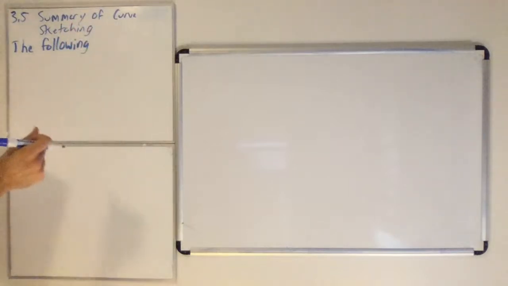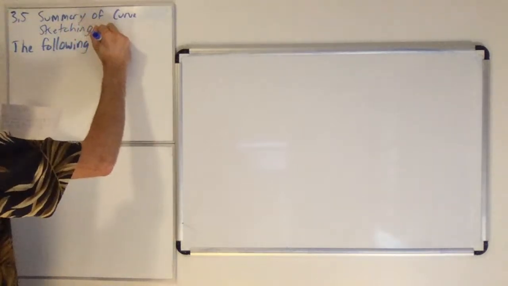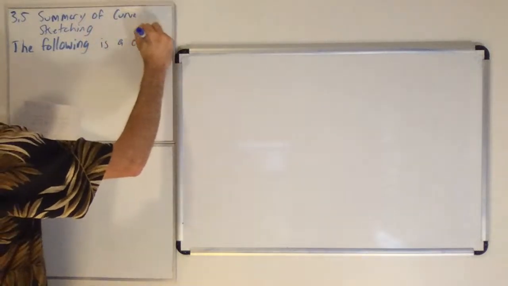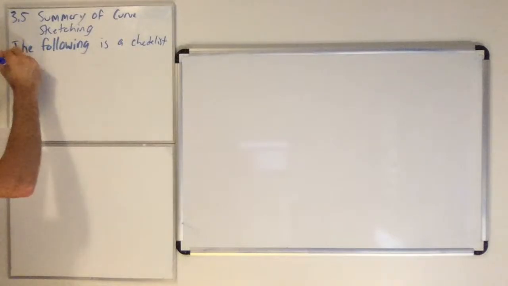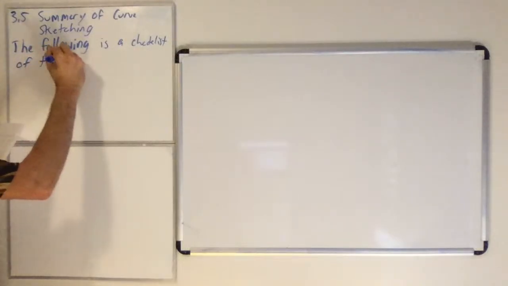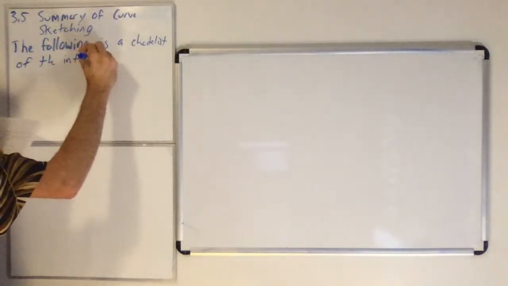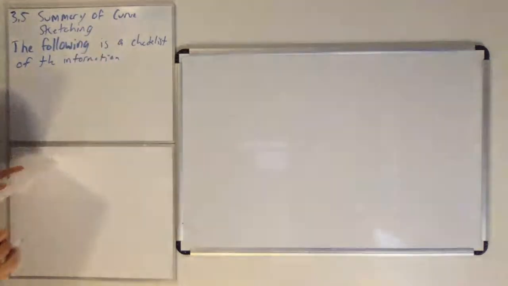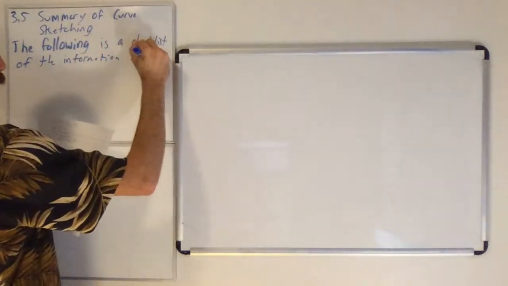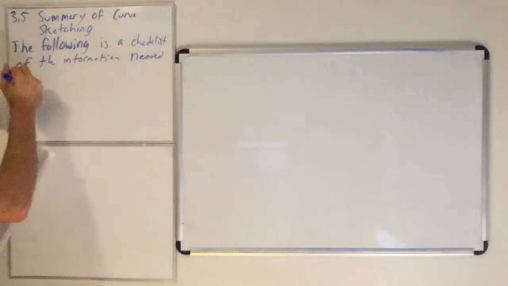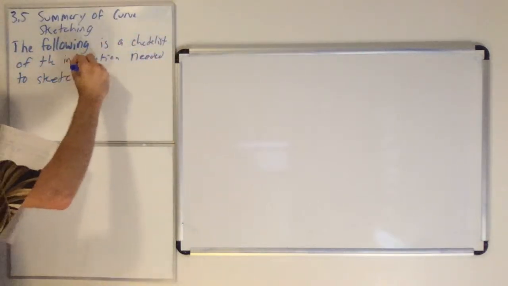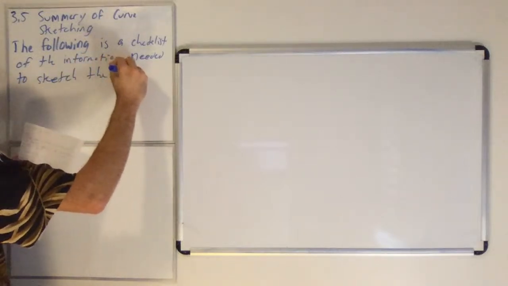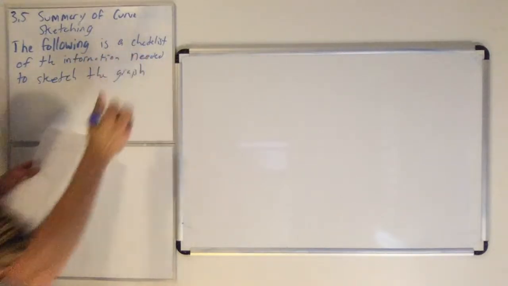So the following is a checklist of information to sketch the graph of a function by hand.